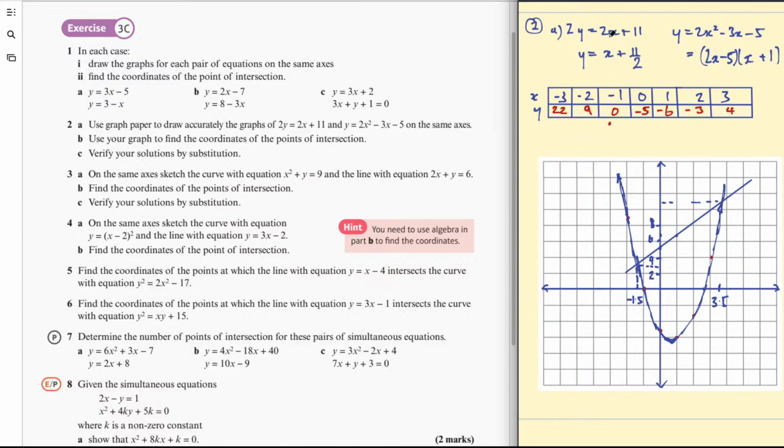So we'd have to get negative 5 here. So what is x if this is negative 5? Yeah, negative 2.5. So this is way off then.